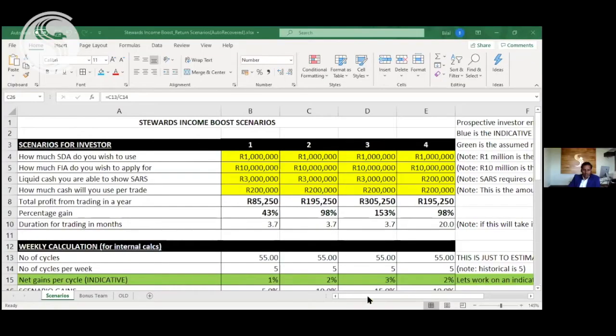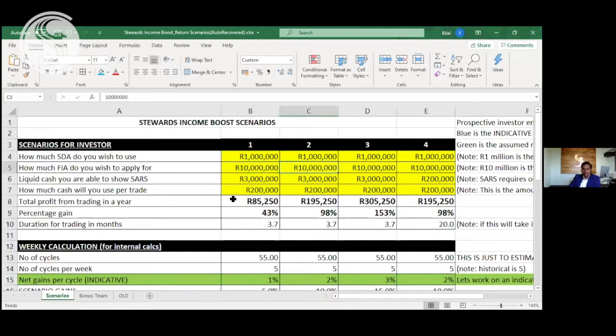This is an example of the scenarios we've had of investors who have traded an average of a 1% cycle, a 2% cycle, or a 3% cycle over an SDA and an FIA of 10 million.